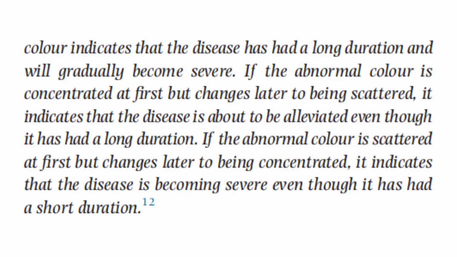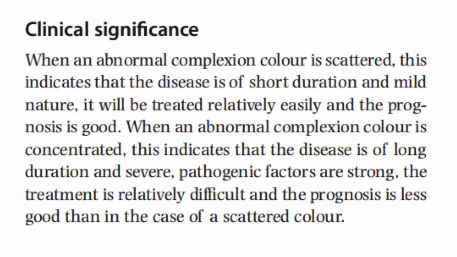If the abnormal color is concentrated at first, but changes later to being scattered, it indicates that the disease is about to be alleviated, even though it has had a long duration. If the abnormal color is scattered at first, but changes later to being concentrated, it indicates that the disease is becoming severe even though it has had a short duration. Okay?